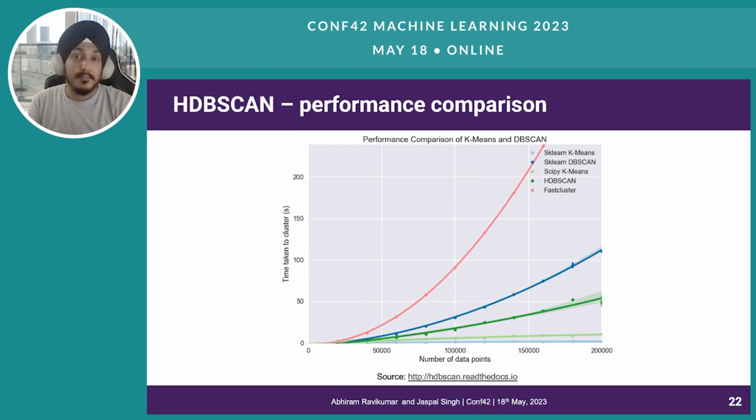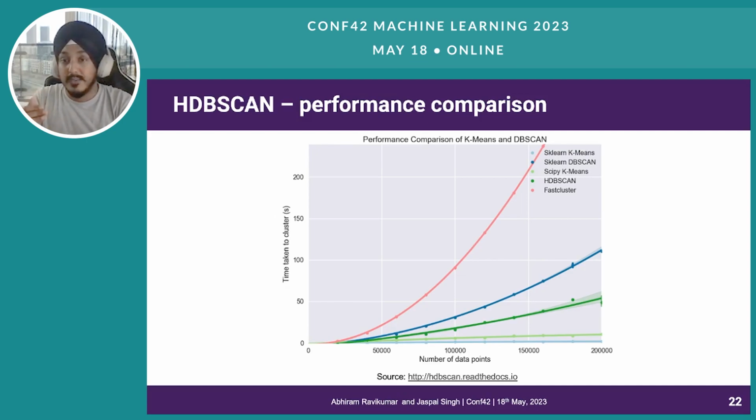As you can see in this graph, HDBSCAN performs better than DBSCAN. The blue line is DBSCAN and the green line is HDBSCAN. On the x-axis, you see the number of data points, and on the y-axis, the time taken to perform the clustering activity.